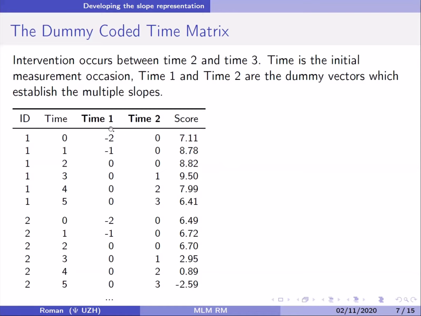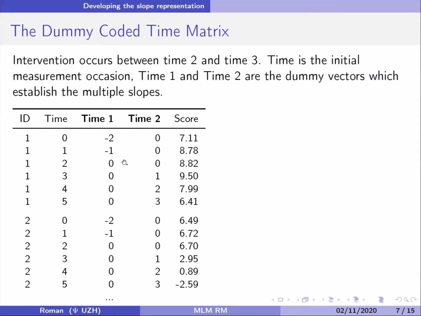And so the first slope, being the first 3 time points here, is reflected by -2 for time point 0, -1 for time point 1, and 0 for time point 2. Notice that time 2 is 0 for all of those effects. Time 2 then will be coded as 1 for time point 3, 2 for time point 4, and 3 for time point 5. This is what our matrix looks like.